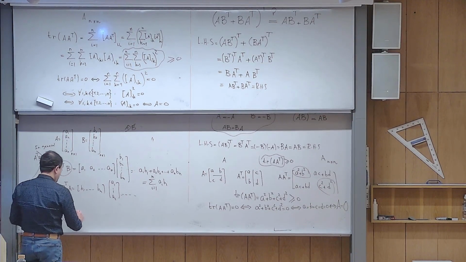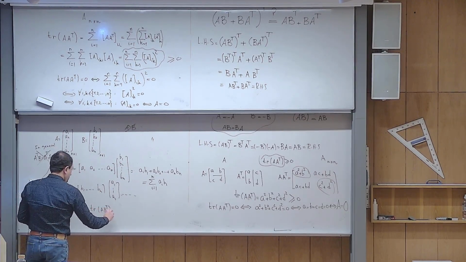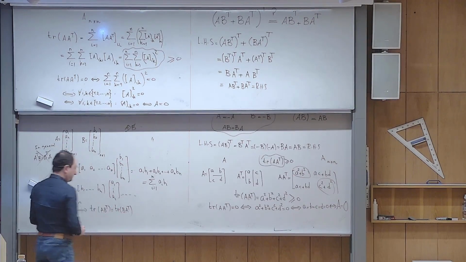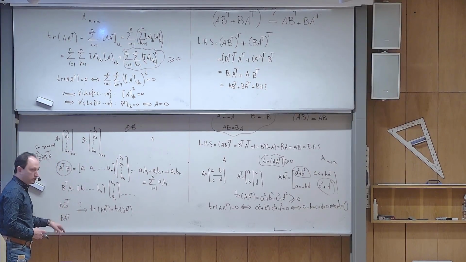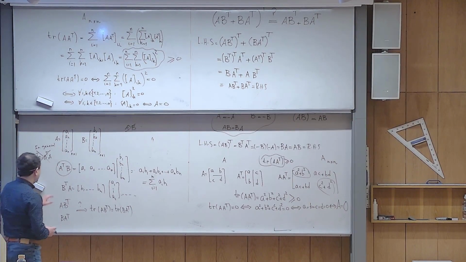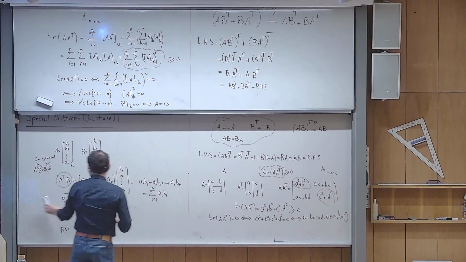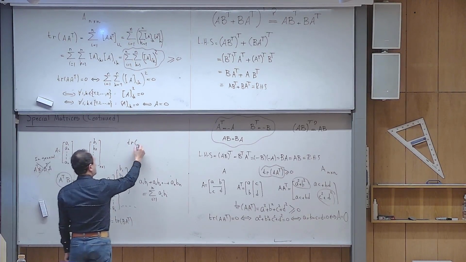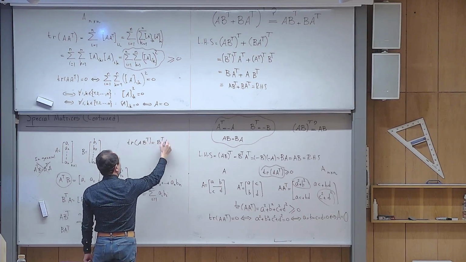So this means that we want to show that the trace of AB transpose is equal to the trace of BA transpose, even though in general the matrices are not the same. So how can we convince ourselves? And that is a very interesting thing. It means that the trace, it is a very unusual formula. So this means that the trace of AB transpose is B transpose A.